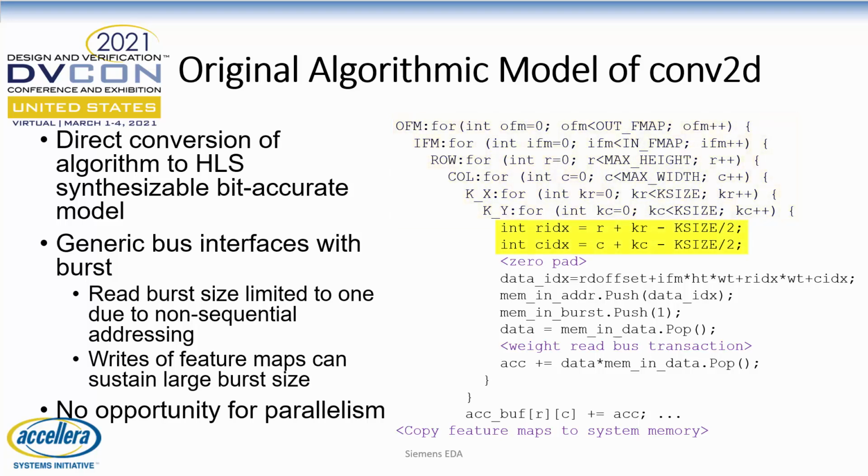It computes some indexes in order to read the data and the weights from memory. There is some zero padding done to deal with the image boundary. It computes a data index for the current feature map. It then pushes the address for the generic bus interface, and because all of the memory accesses are non-sequential in this algorithmic model, the burst size can only be set to 1.